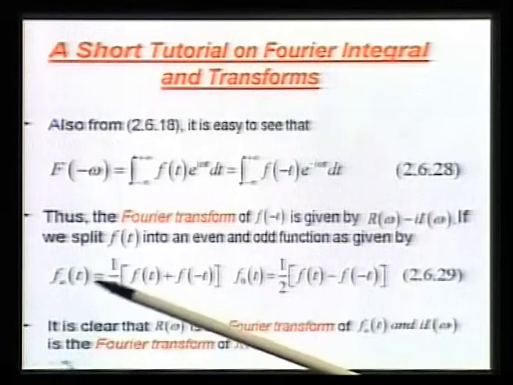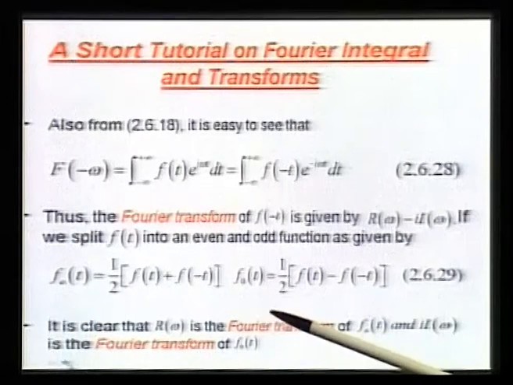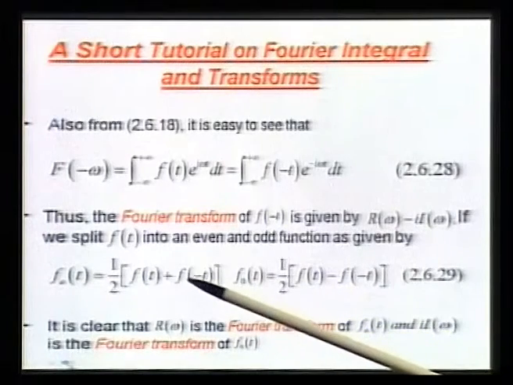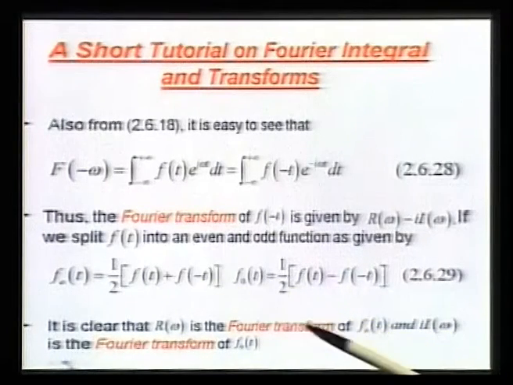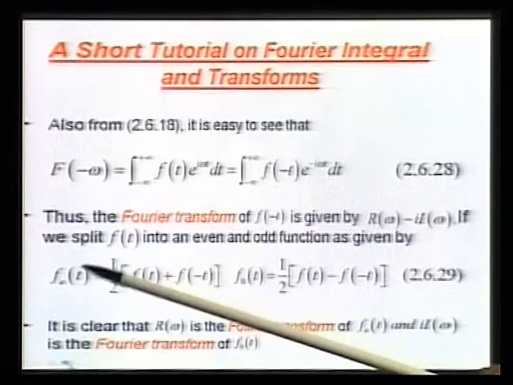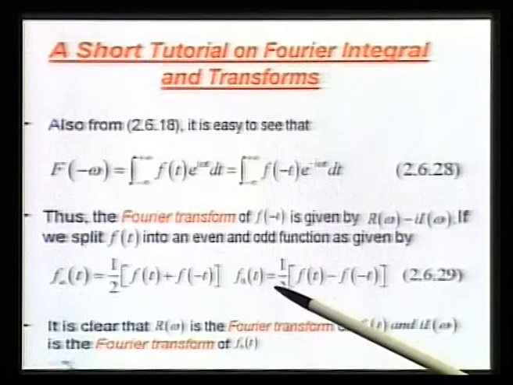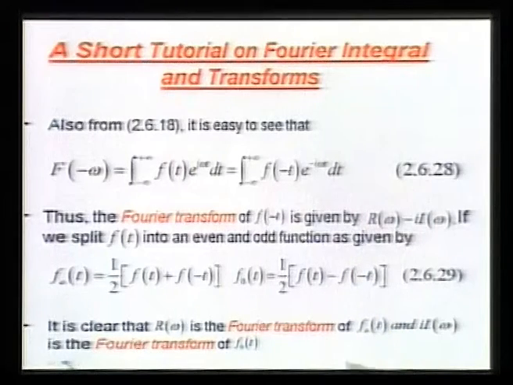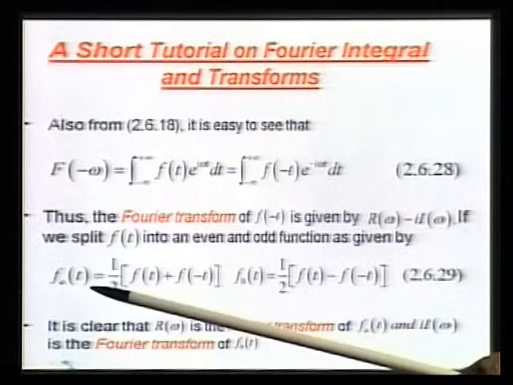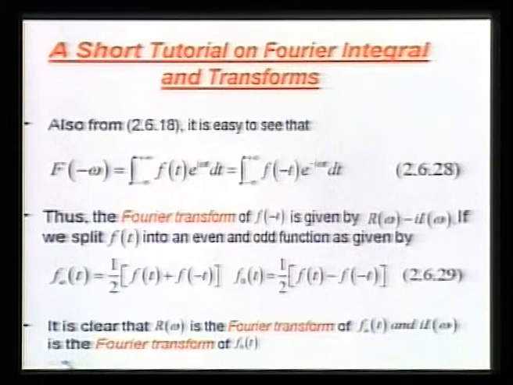If we can split the f of t in terms of an even component and an odd component, how do you construct an even component? Well, it is very easy. You take the average of the plus t and minus t contributions, that will give you the even part, and if I subtract, I get the odd part. So, this is one way of representing the same f of t in terms of even and odd components.